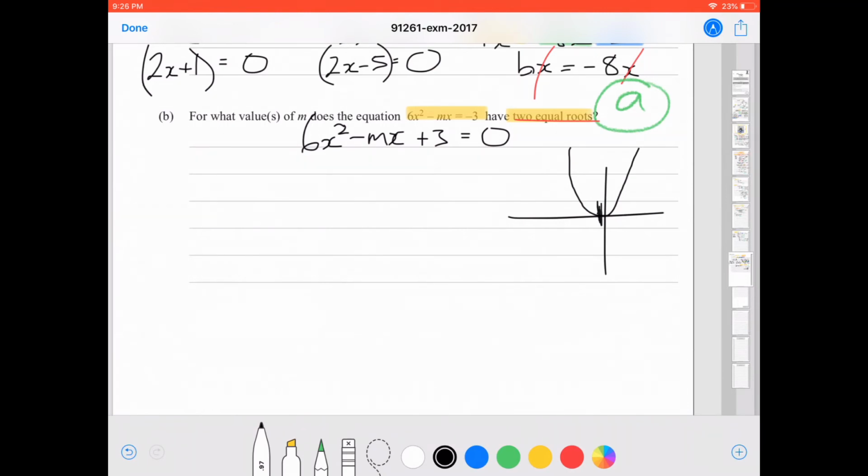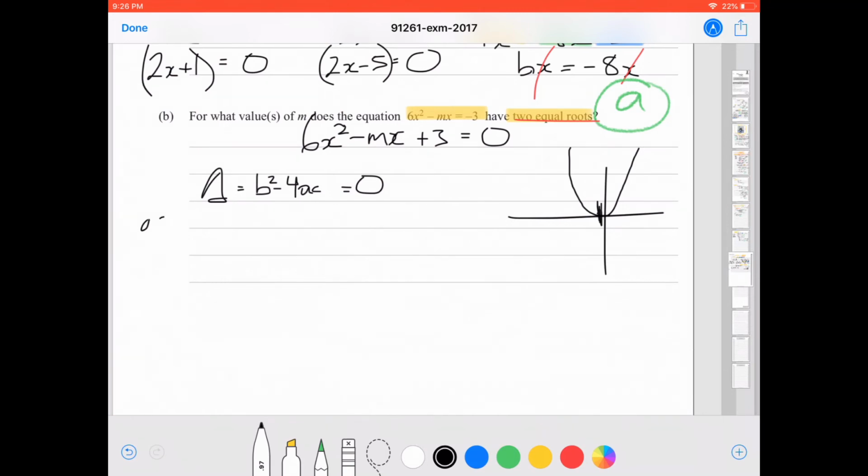And straight away, when it talks about the nature of the roots, we think of the discriminant, right? And so we are going to say that the discriminant, b squared minus 4ac, in this case, one solution is basically the same as saying 2 equal roots, and so it's going to equal 0.